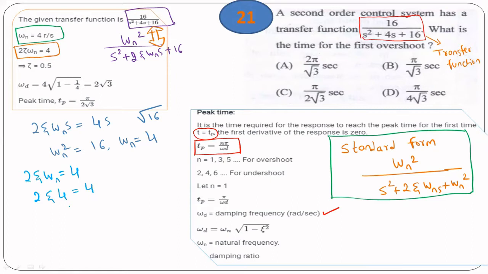Meaning to say that we can have a solution for zeta as 1 over 2, which is essentially 0.5. Okay, let us keep this solution aside.